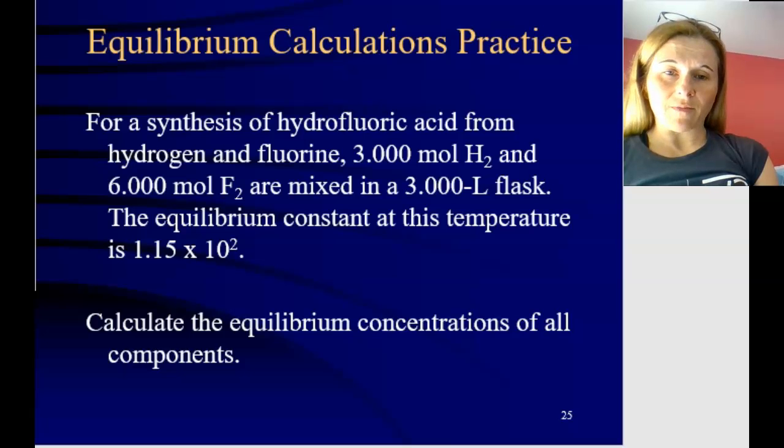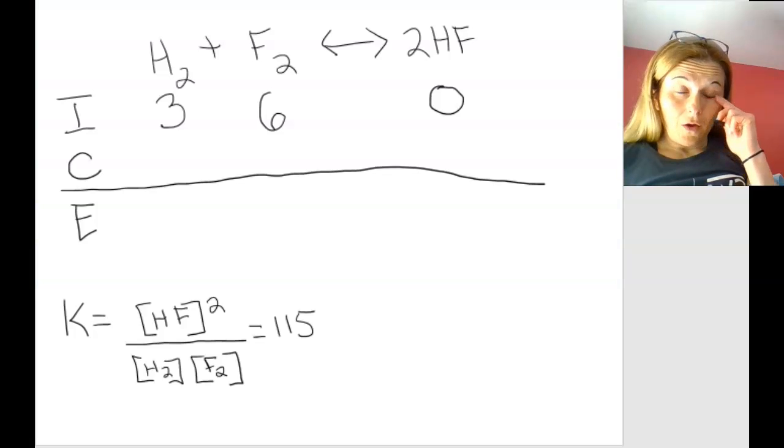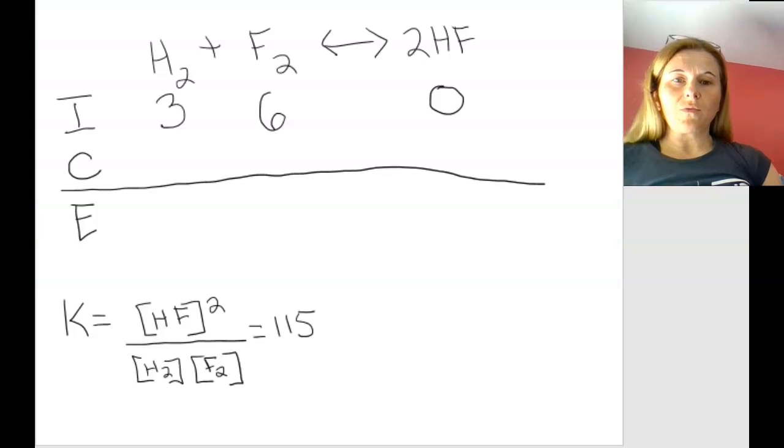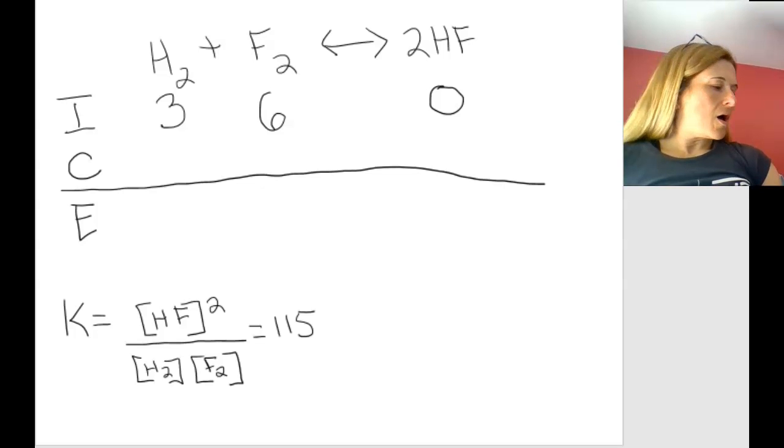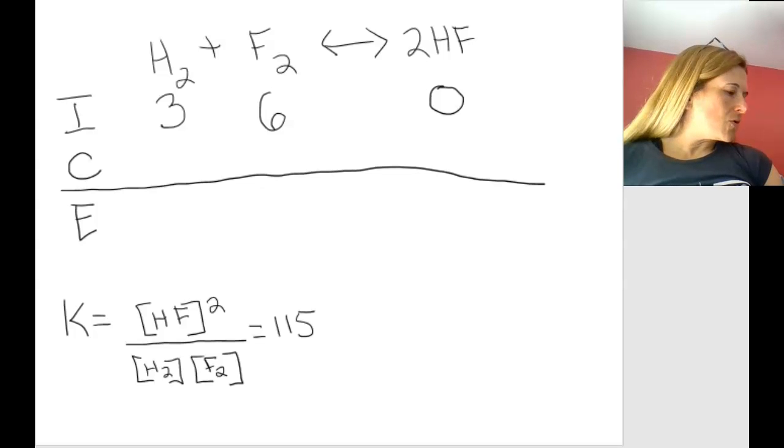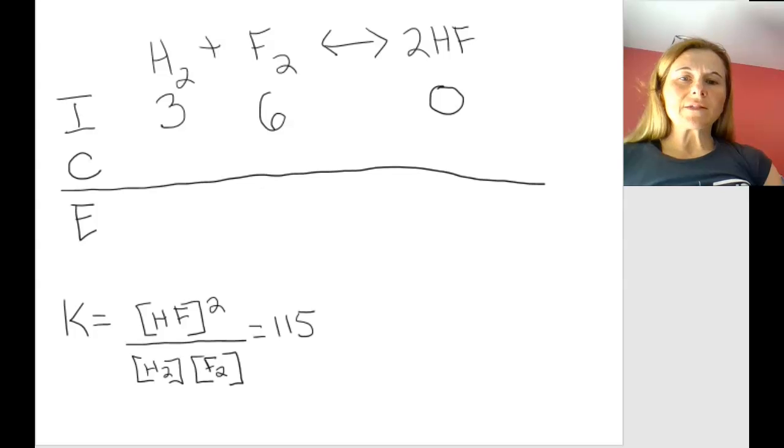Pause, attempt the problem, and then come back and see the answer. Okay, so I have written what we know. We have our formula. We have our initial concentrations: 3 moles of hydrogen and 6 moles of fluorine mixed in a 3-liter flask.